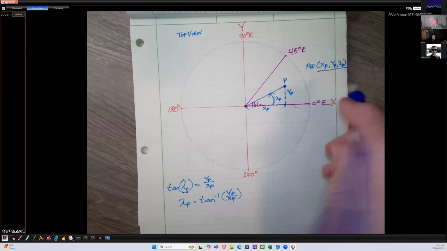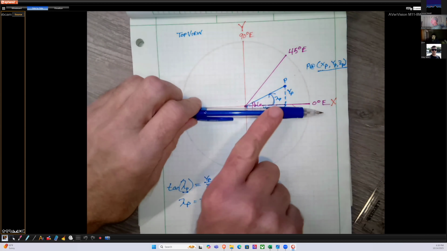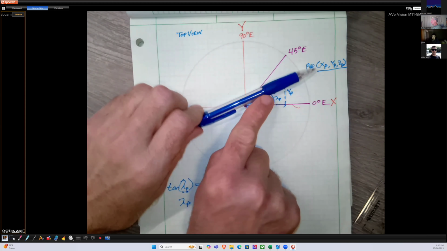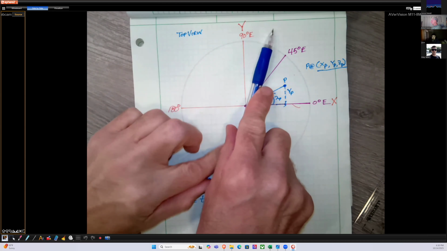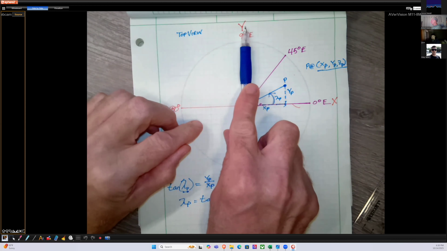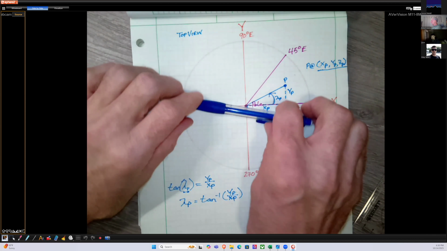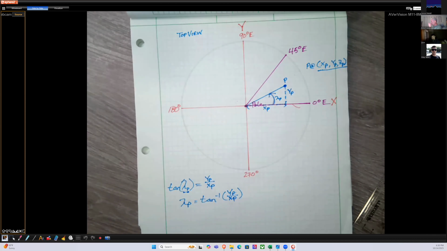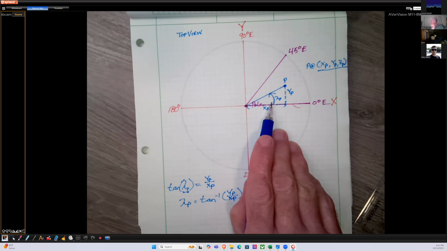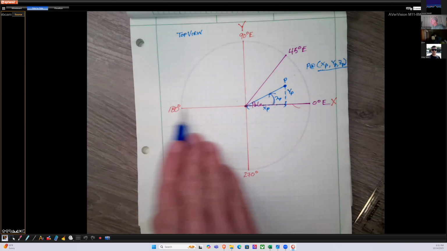But remember, longitude we measure from the 0 degree Greenwich, England line, and it increases as it goes eastward. So in this case, the tangent function is always going to return the angle as it relates to the x-axis.